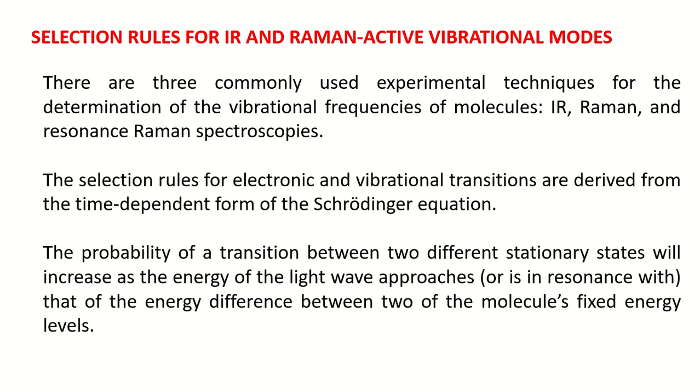The selection rules for electronic and vibrational transitions are derived from the time dependent form of the Schrödinger equation by a consideration of the way in which the oscillating electric field of the light wave acts on the dipole moment component of the molecule.